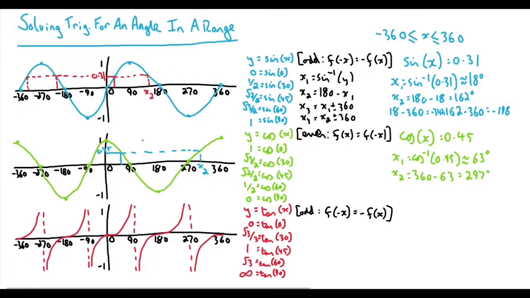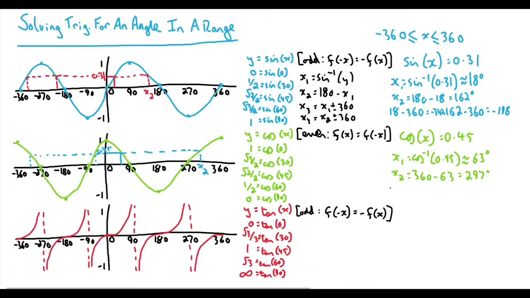Then, once again, because this entire graph loops every 360, from this point all you would have to do is take those previous values minus 360, or if it were going further to the right, you'd add 360.